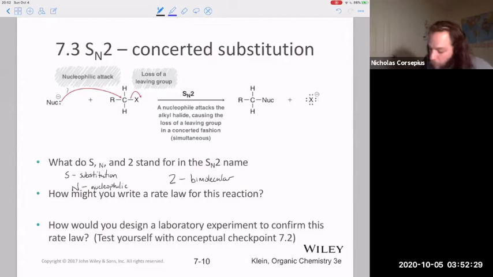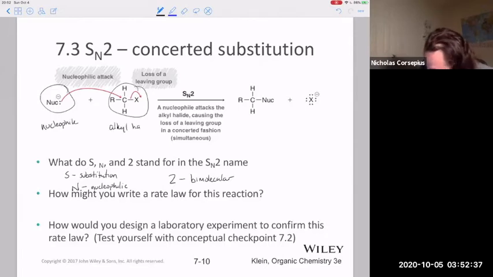It means that both species, both the nucleophile, this is our nucleophile, and the alkyl halide, both of those are involved in the first step, or really the rate limiting step of this reaction, right? Both of those species, because the nucleophile is attacking in the same step that the leaving group is being lost, both of those guys are playing an important role. So that's where that 2 comes from.